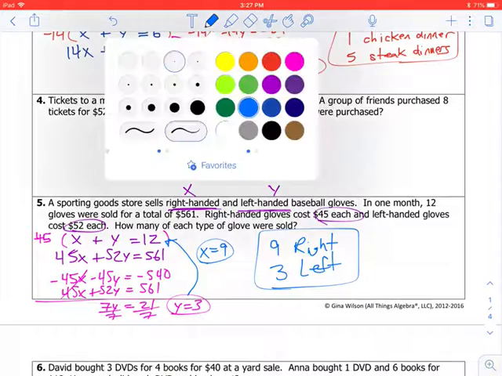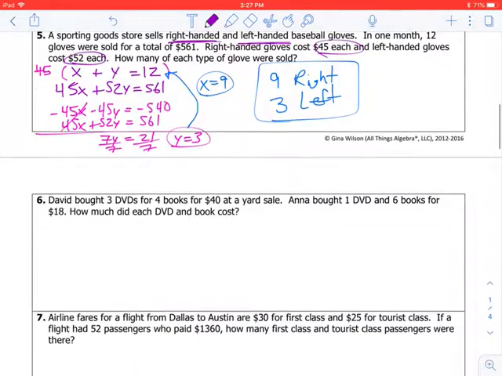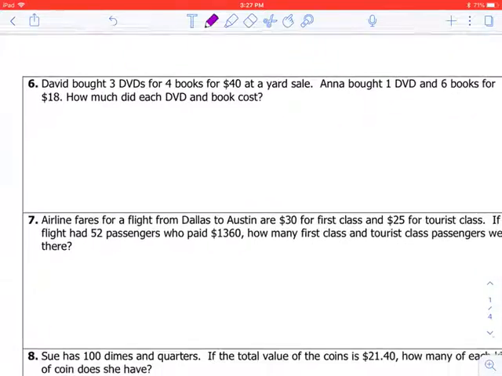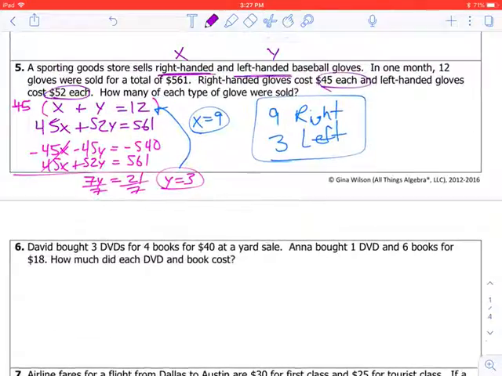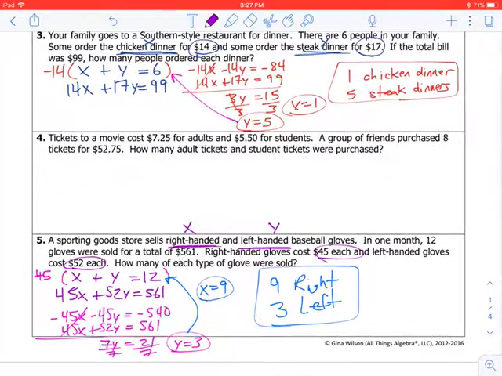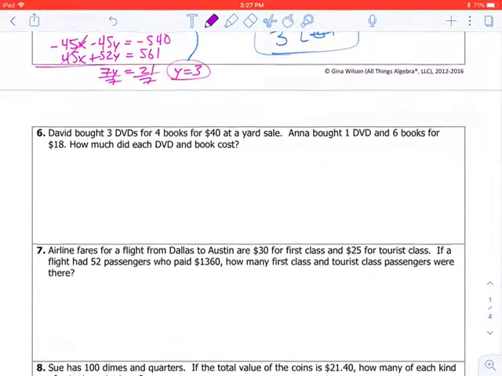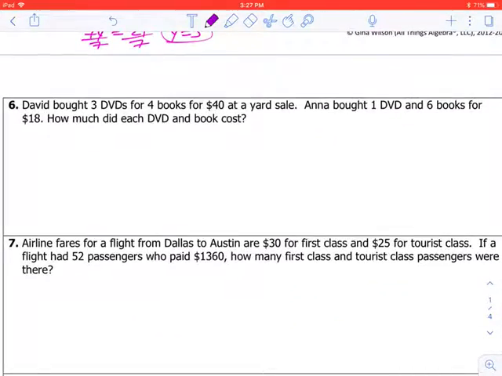Okay? And so finally, the last one I wanted to look at was number 6. That's just a little different. So for these two, it was a total amount of things and a total amount of money. Well, in number 6, it's two people that have two different things. So like x is still referring to DVDs, but this time it's the cost of each.